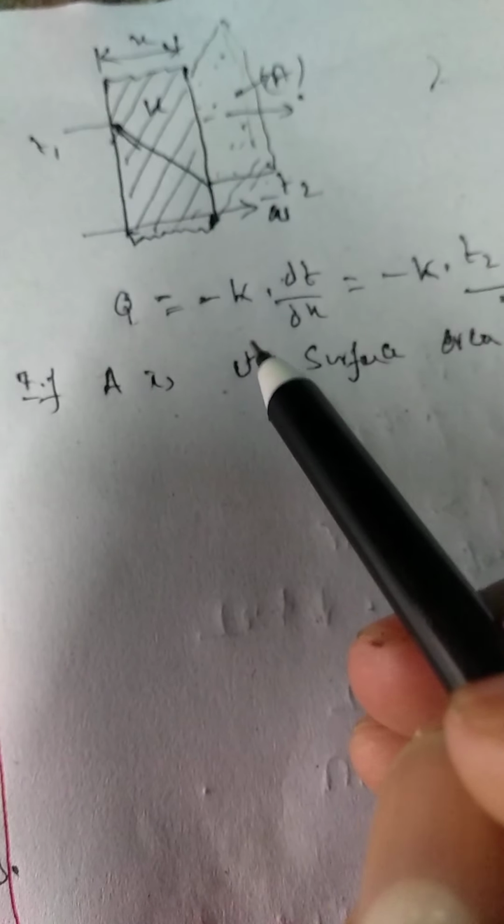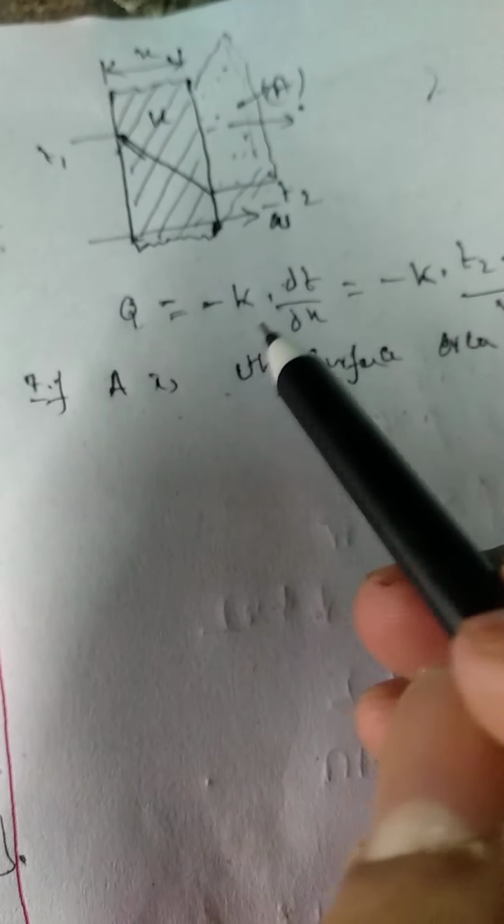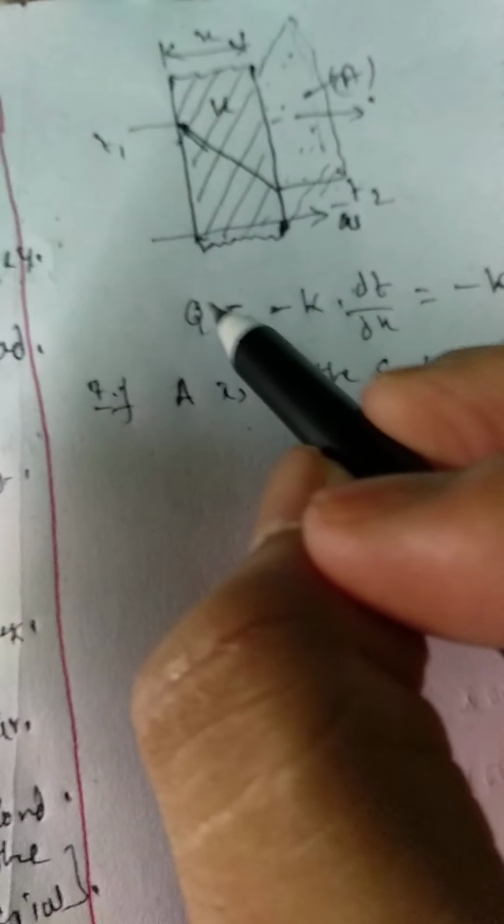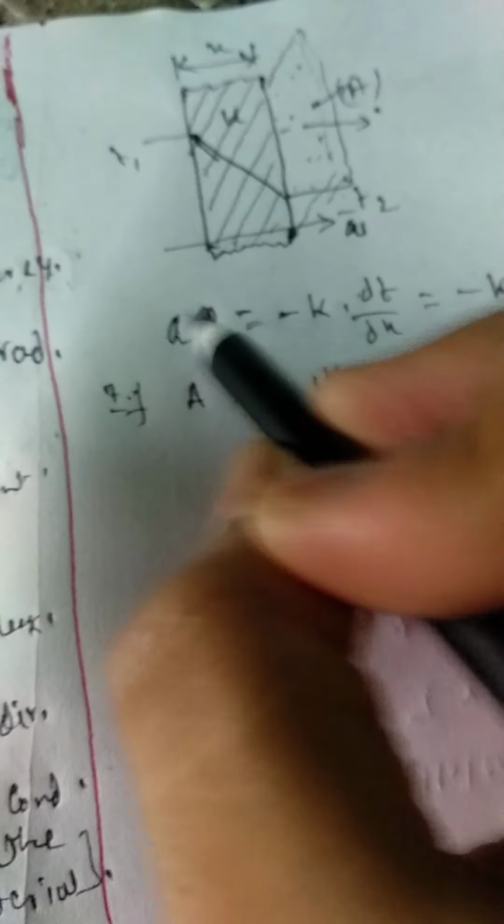So this q is actually small q, because this is the heat transfer per unit area.